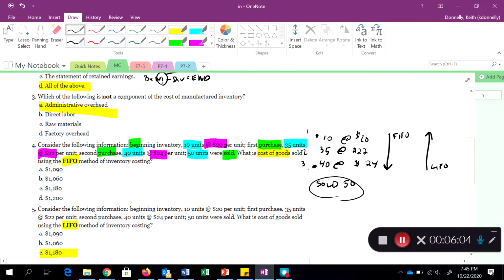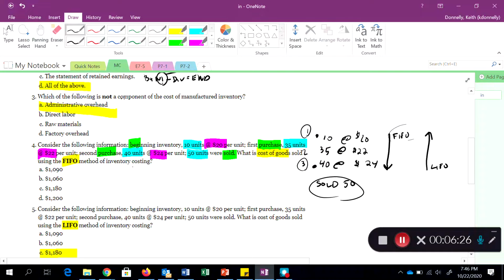With LIFO, our last in, last place, we start down there. With FIFO, our first place, we start up here, and work our way down. They want to know it for FIFO, and what they're asking for is cost of goods sold.